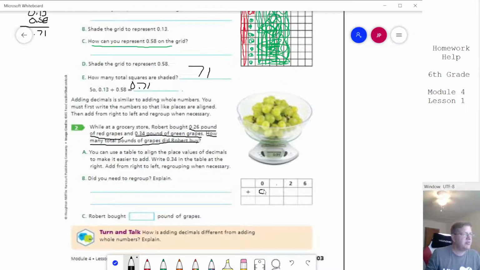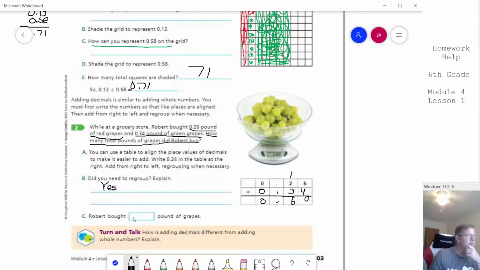So for this, we would go ahead and line everything up. And then when it's time to add, we can draw our line here, and then we would go ahead and add straight up and down. We need to carry a 1 here. And so do I need to regroup? Yes, I absolutely do, because I have to carry a 1.